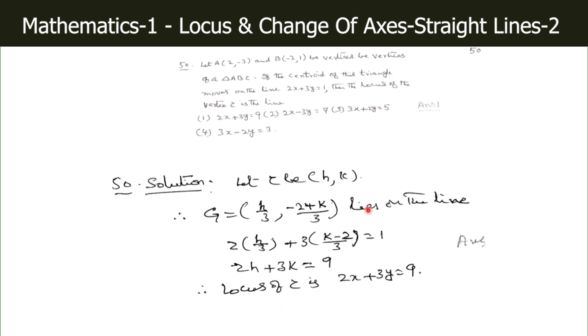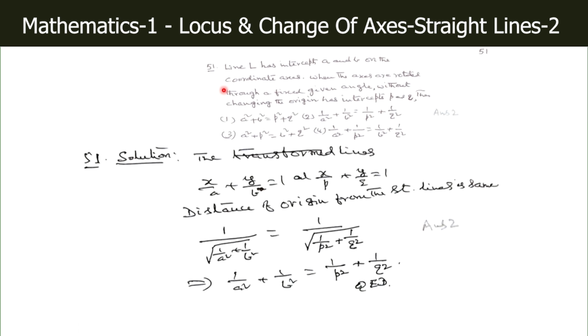This lies on the line 2x plus 3y is equal to 1, that means 2 into h/3 plus 3 into (k minus 2)/3 is equal to 1, which is 2h plus 3k is equal to 9. Therefore, the locus of C is 2x plus 3y is equal to 9, which is option number 1.